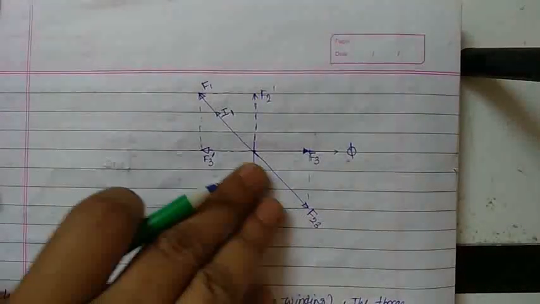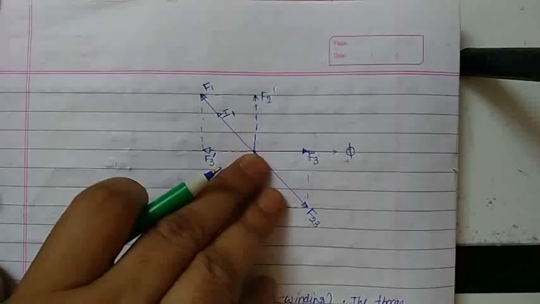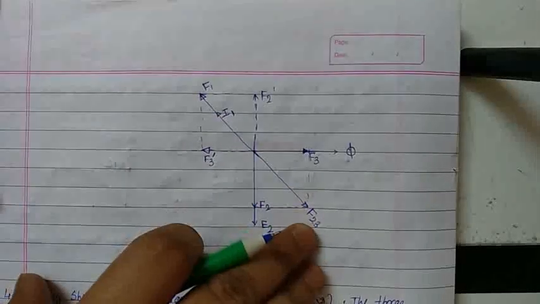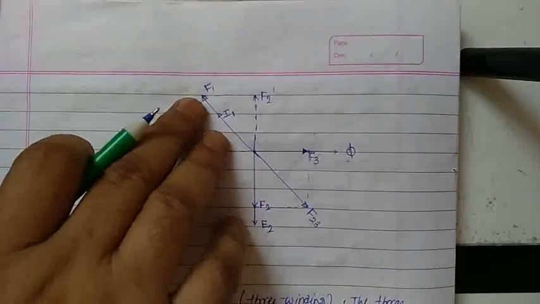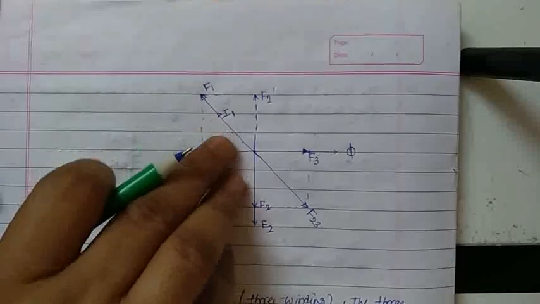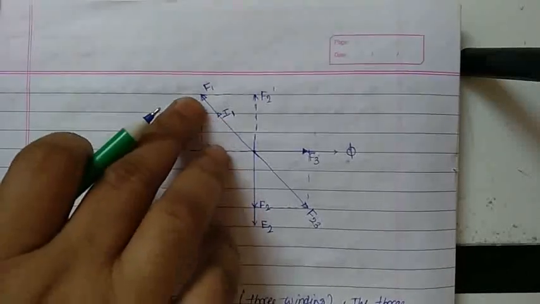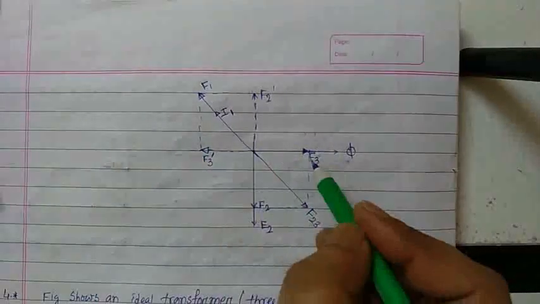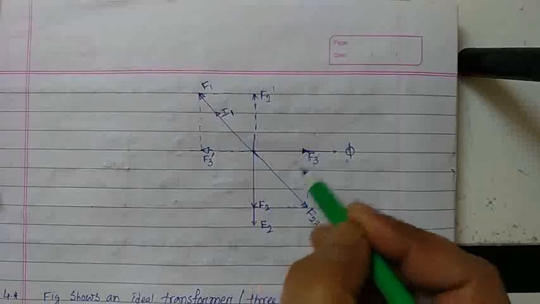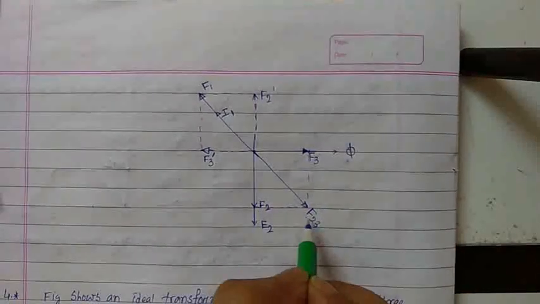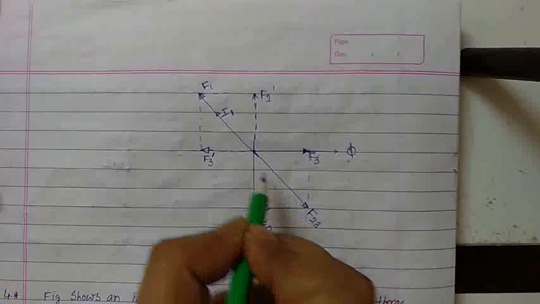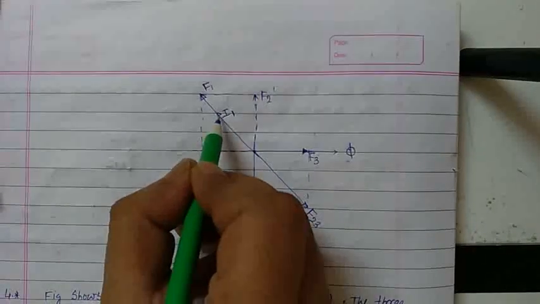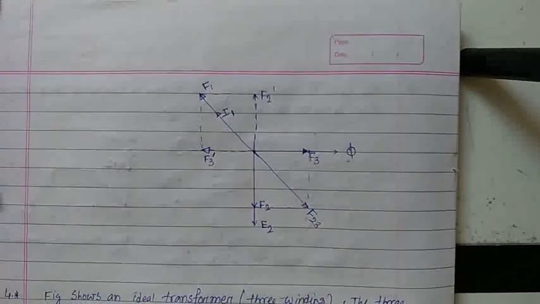So the current drawn from the primary must be in phase opposition to F23, that is F1, and I1 is in phase with F1.